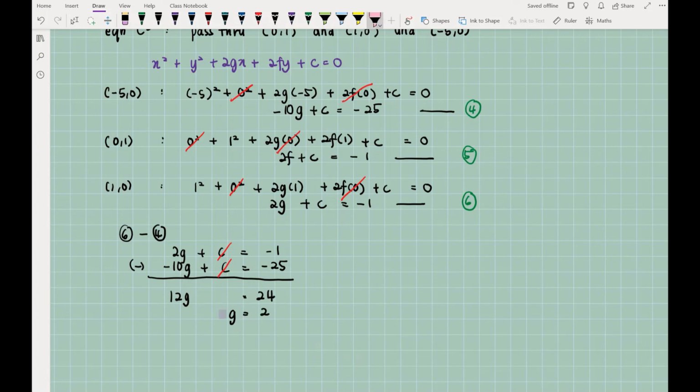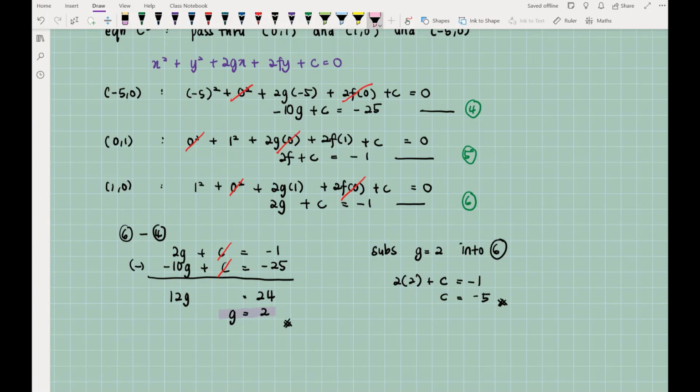Setelah kita dapat G is equal to 2, now I'm going to find the value of C untuk bantu kita cari nilai F. Okay, so to find C, I'm going to use equation 6 because that is simpler. So, we are going to substitute G is equal to 2 into equation 6, which gives me 2 times 2 plus C is equal to negative 1. So, C is equal to negative 5.